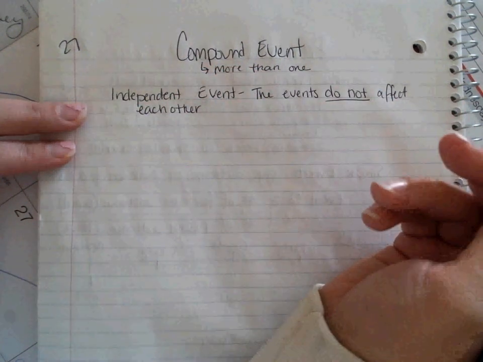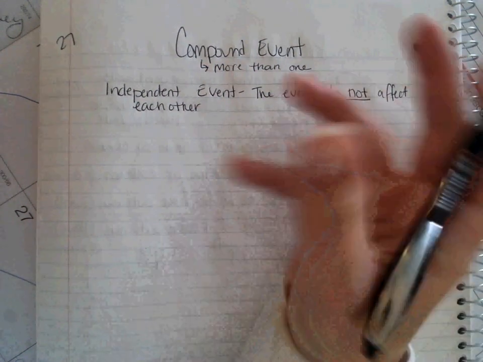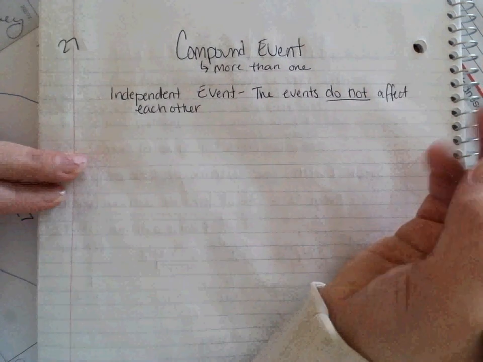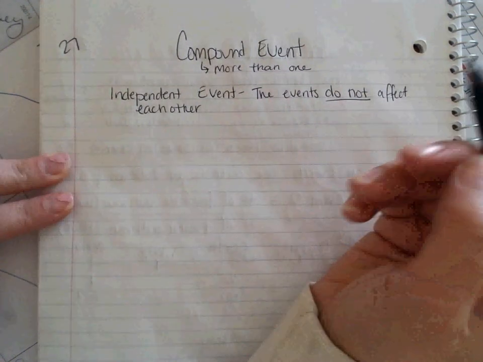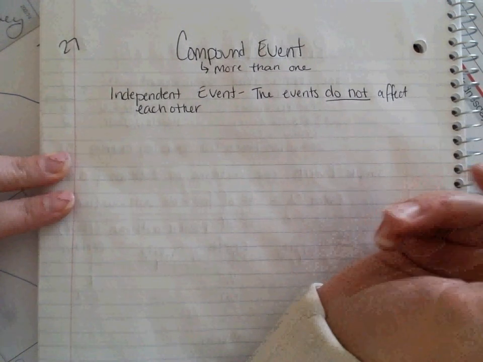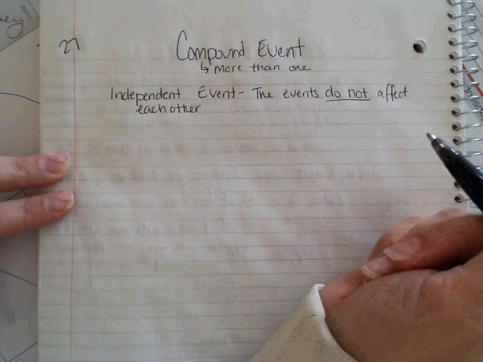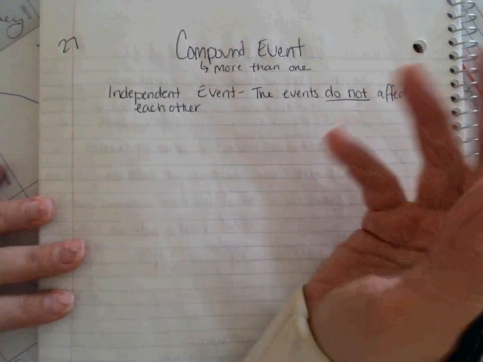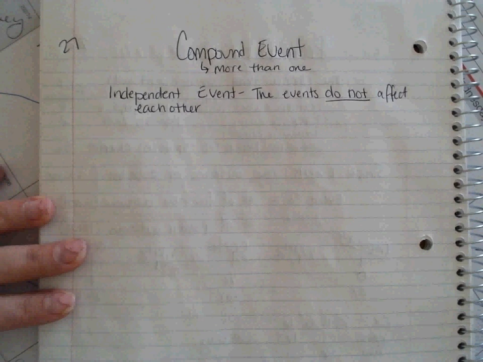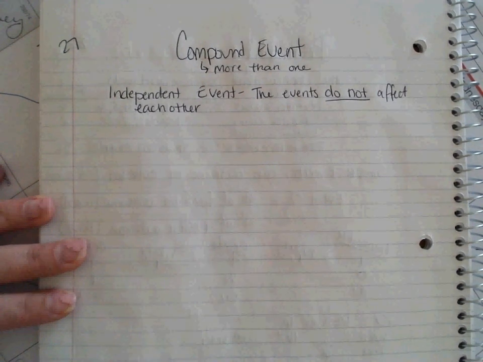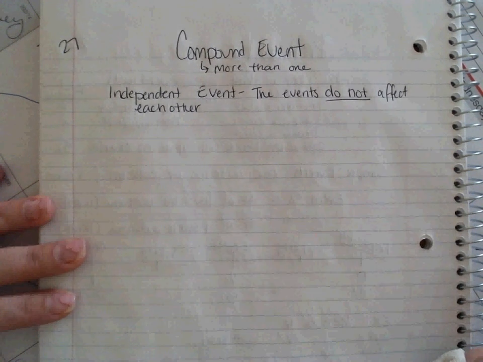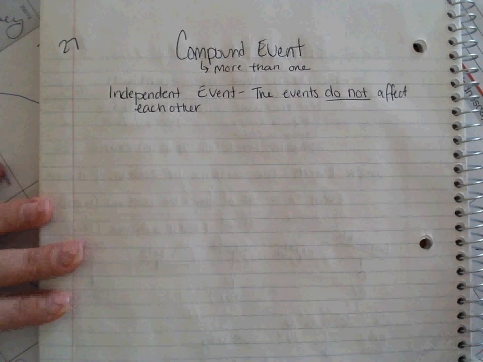When one happens, the other one doesn't change it. They don't change the outcome. It's like if I buy something and then you buy something, what's the probability I'll buy a pair of tennis shoes and you'll buy a hat? My money doesn't affect your money, so they don't affect each other.